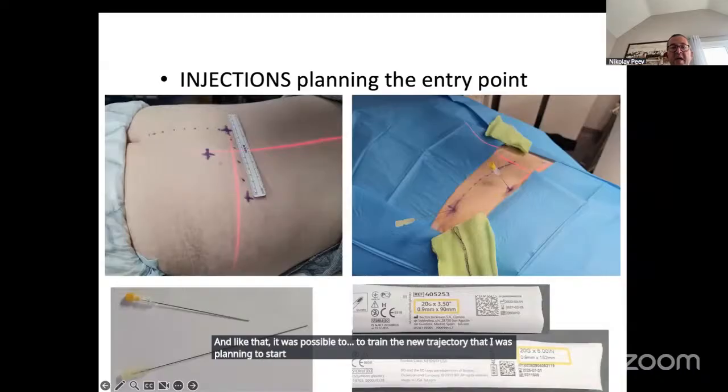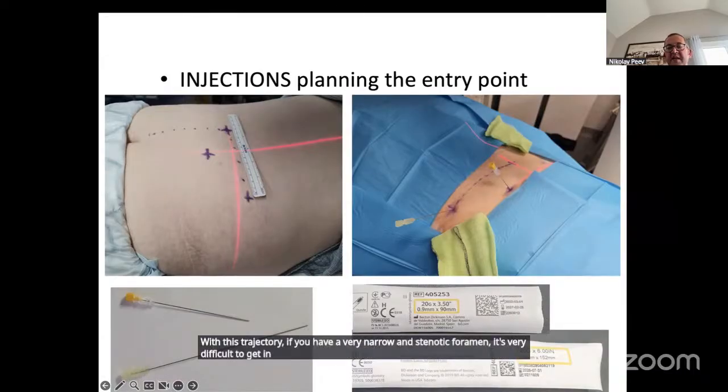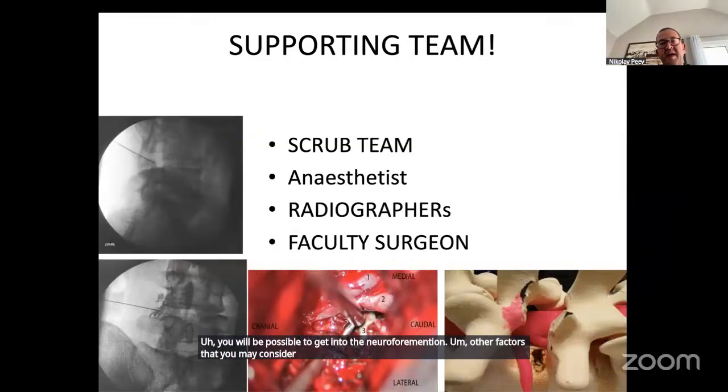This was good for me. It was good for the patient, because with this trajectory, if you have a very narrow and stenotic foramen, it's very difficult to get in, while with this nearly 100% you will be able to get into the neuroforamen. Other factors that you may consider: supporting team is important.